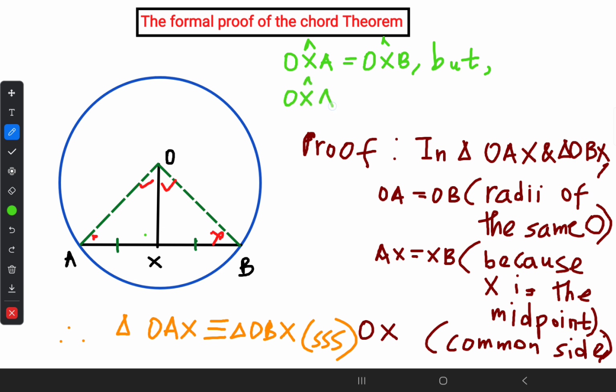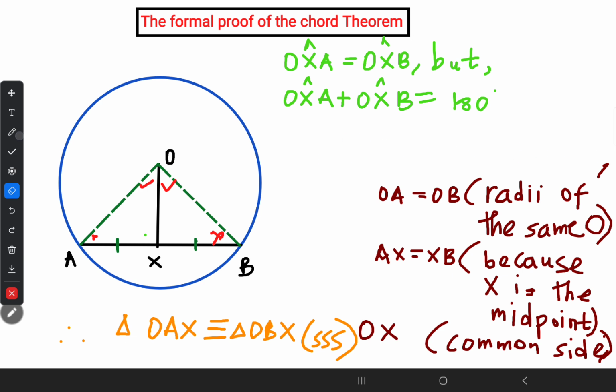OXA plus OXB, when we add both, that would be equal to 180. From that, instead of OXA, I will write OXB here. I'm going to substitute OXA with OXB.